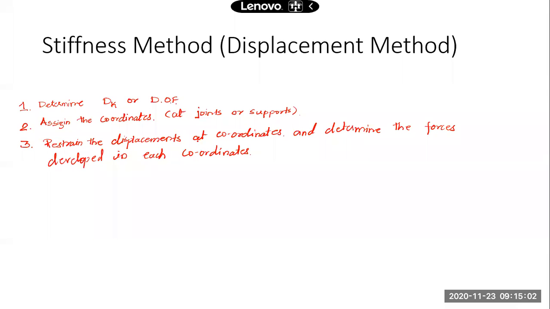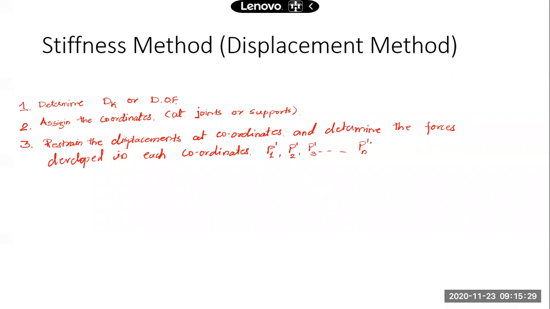After restraining the structure, I'll go for finding the forces developed in each of the coordinates. Let us say this is our P dash. We have P dash number of forces. P1 dash is the force in the first coordinate, P2 dash is the force in the second coordinate, P3 dash is the force in the third coordinate, and so on up to Pn dash.